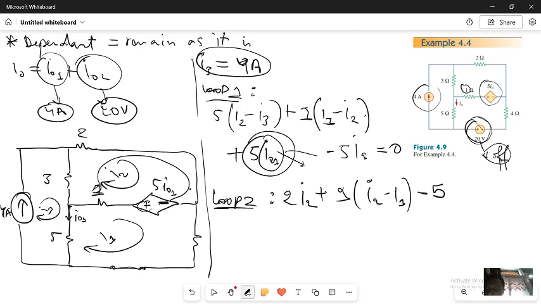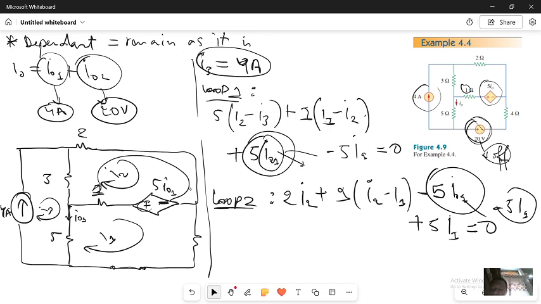It's going to be minus 5 I01, but you replace I01, which we saw is the opposite of I1, so this is replaced by minus 5 I1. This minus and this minus become plus 5 I1, equal to 0. So I01 is equal to minus I1, and minus and minus become plus 5 I1.